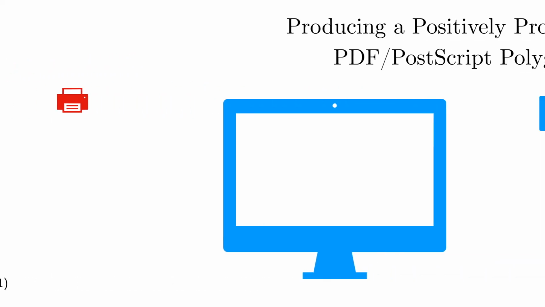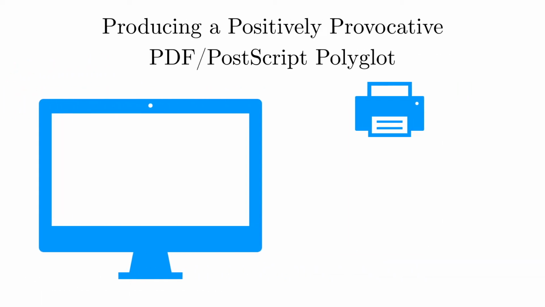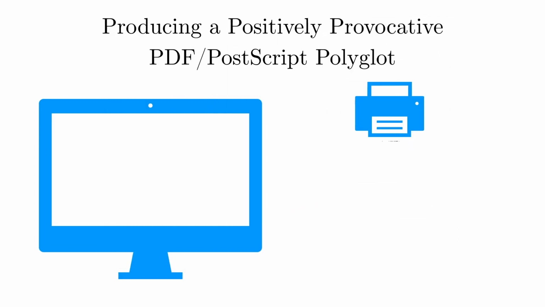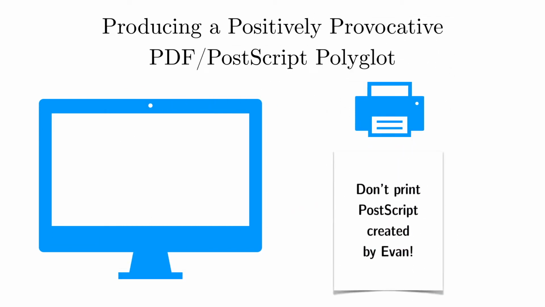So that got me thinking, what if you could produce a polyglot, a single file that is both a valid PDF and a valid PostScript script at the same time? So then, on Bob's computer, when he loads the file, it looks like a standard PDF and it renders one way. But then when he sends the file to the printer, the printer interprets it as a PostScript file, and it prints something completely different.